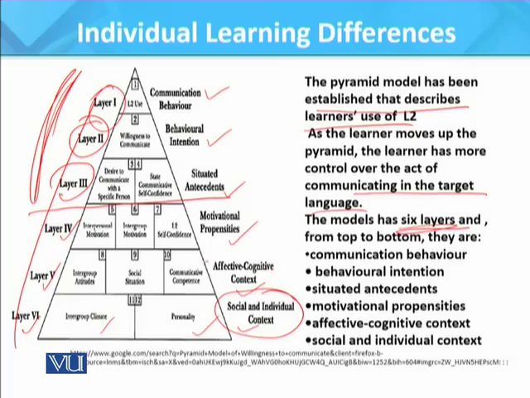Affective cognitive context is your communicative competency, social situation, and intergroup attitude. Then motivational propensities, which are the tendencies basically. You have self-confidence, intergroup motivation, interpersonal motivation, and the situated antecedent, which is the state of communication or your desire. Then you move up to the willingness or readiness to communicate, and this willingness will take you to the actual use of the second language for communication purposes.